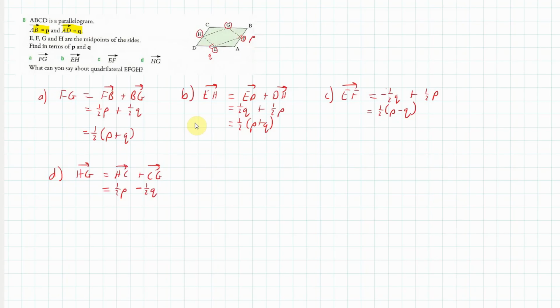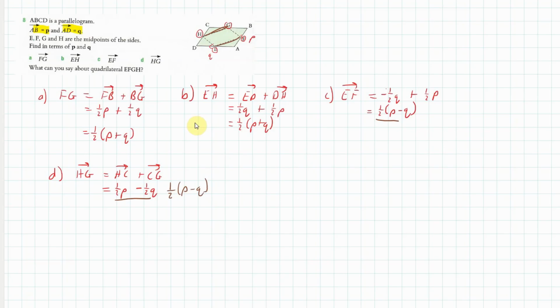Now what can we say about all of this? What can we say about the quadrilateral? Well, you might be thinking, I don't know, what can we say about it? Okay, well, do you notice that this here is equal to this here? I could rewrite this as 1/2 into P minus Q, which means that this vector here is equal to this vector here.